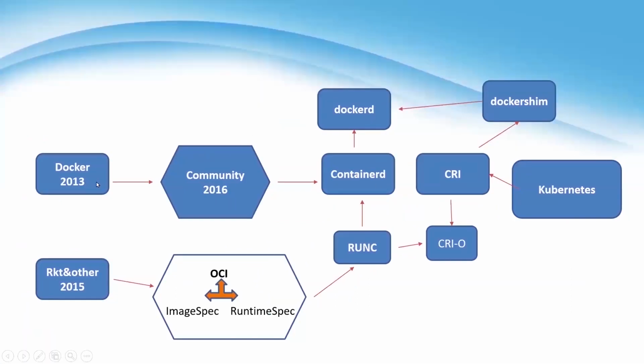Initially, whenever you are using Docker and you want to communicate with Kubernetes, there is another part called Docker shim. It's a third-party component, not part of Kubernetes. The request should go through Docker shim, so it's a security violation.